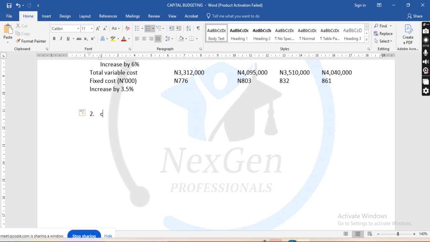The cost of the asset is 5 million, right? So the capital allowance, let me put here, will be the number of years.